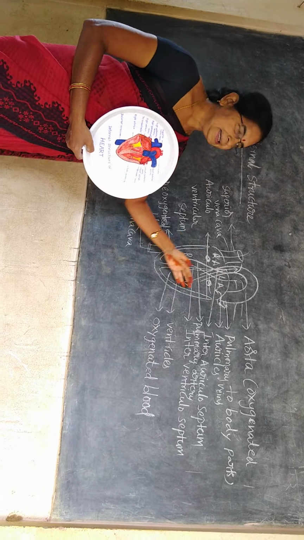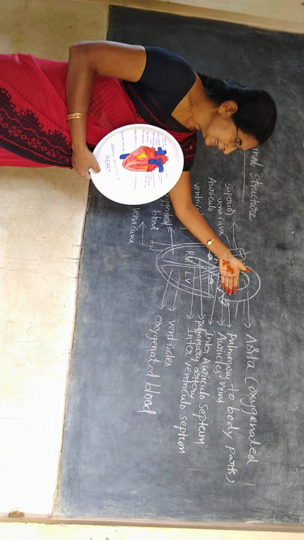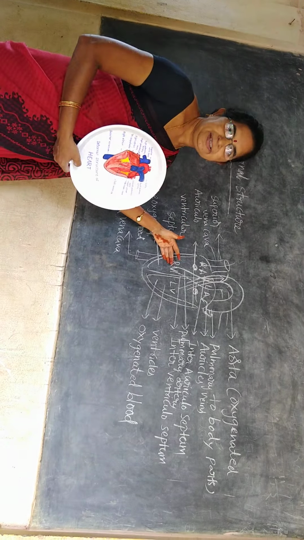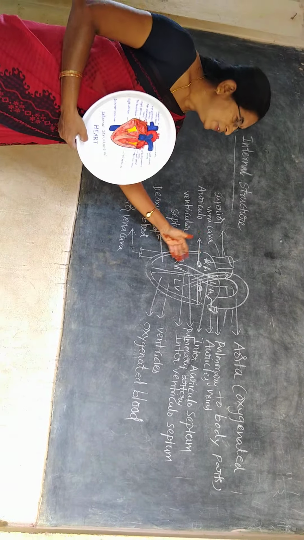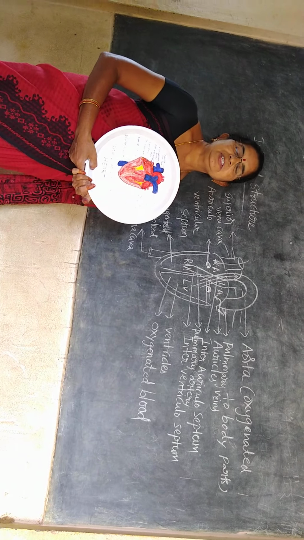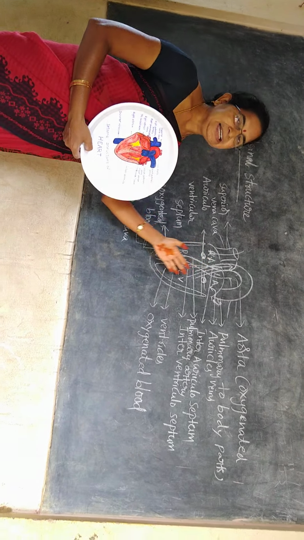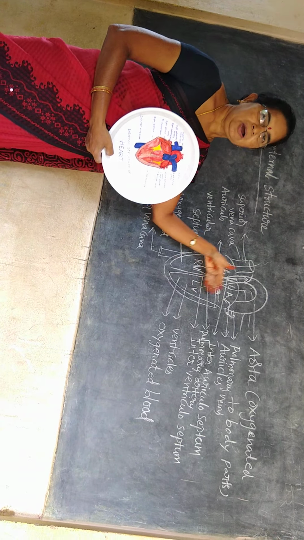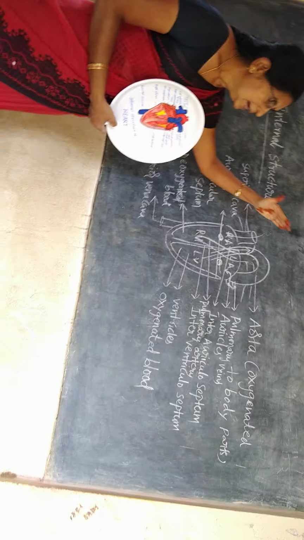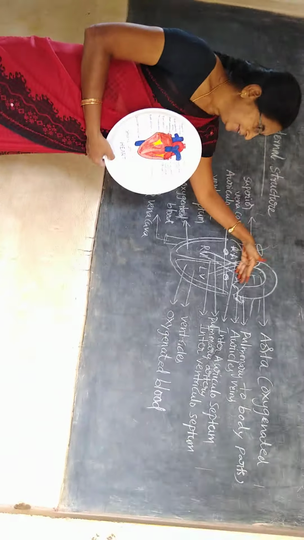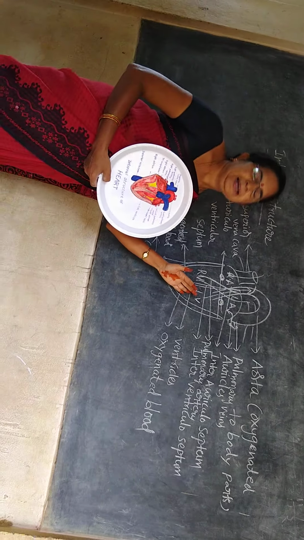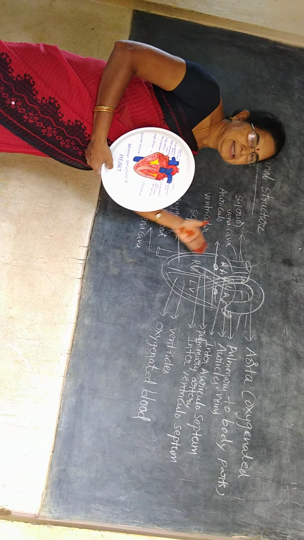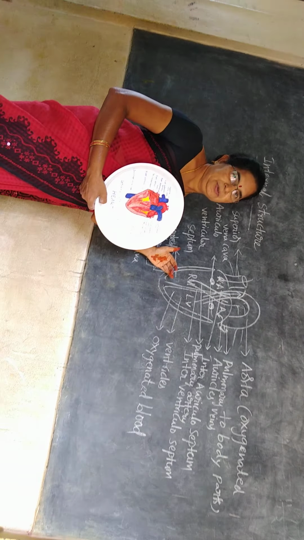The left auricle is connected with the left ventricle, and the right auricle is connected with the right ventricle. Valves always allow the blood in a single direction. They do not allow flow in the opposite direction. The blood from the left auricle enters into the left ventricle only, and the blood from the right auricle enters into the right ventricle only.